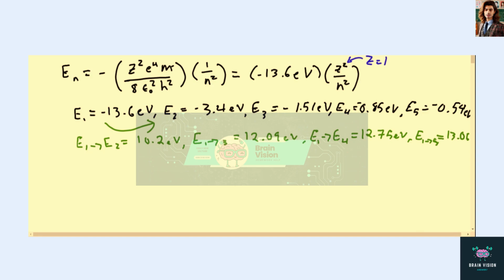13.06 electron volts. And if you recall, our free electron only has 12.75 electron volts, so the energy has to be less than or equal to this. So we know we can't go to the fifth because we don't have 13.06 electron volts.